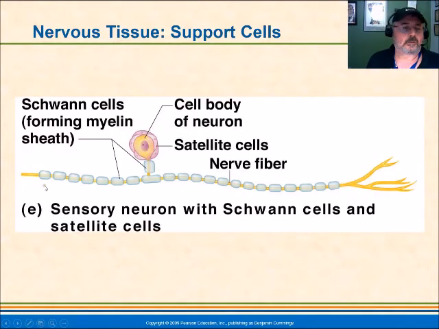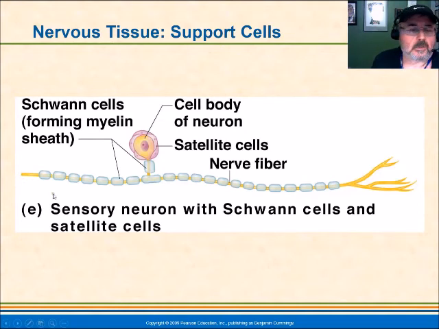Now, Schwann cells actually cover about 1 millimeter of an axon. And we have axons that go all the way from our brain down to your big toe. So we have some axons that are 2 meters long.